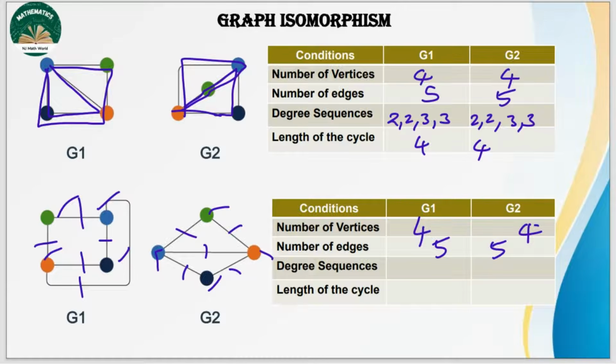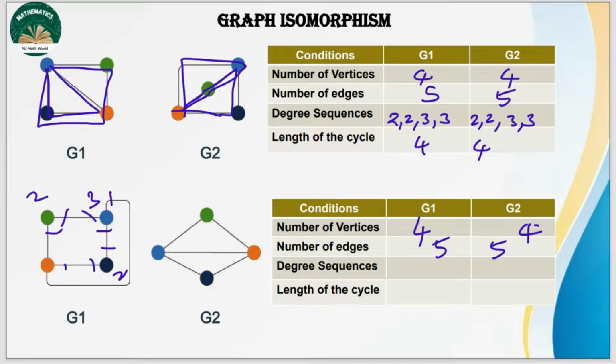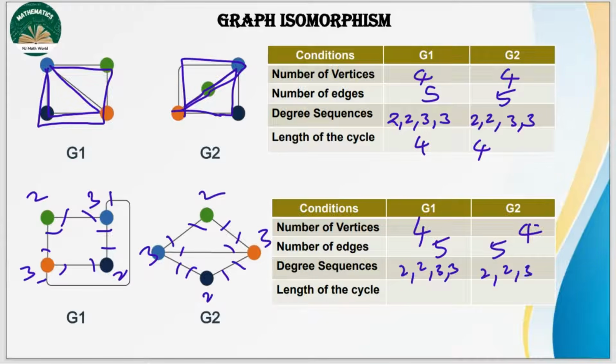Then the degree sequence for this will be 2, 2, 3, 3. And here also it is again 2, 2, 3, 3.